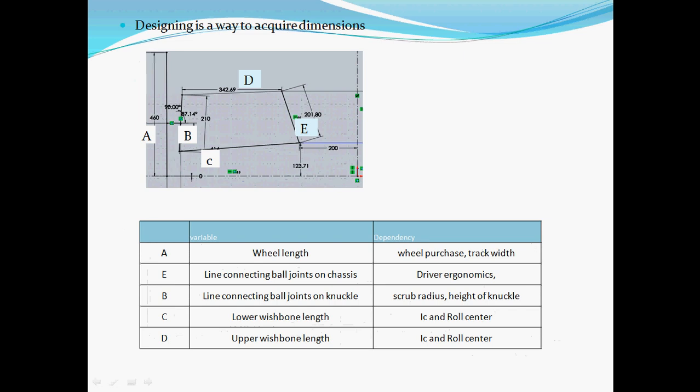So first I'll discuss the dimension which is denoted by A, which is the wheel length. So you'll purchase the wheel. You definitely will not fabricate the wheel, you'll purchase it. So suppose I decided that I want to purchase a wheel with some dimensions like R30, 165 by 65, something like that.